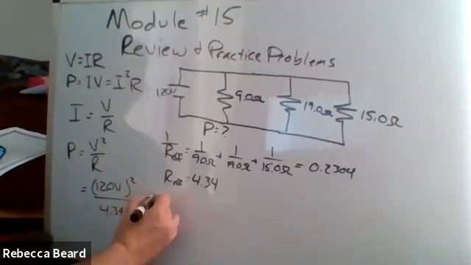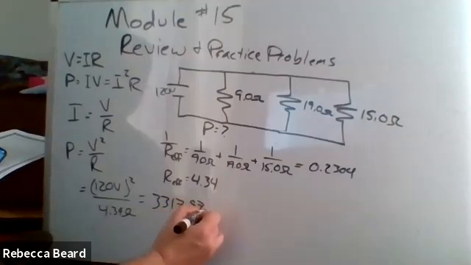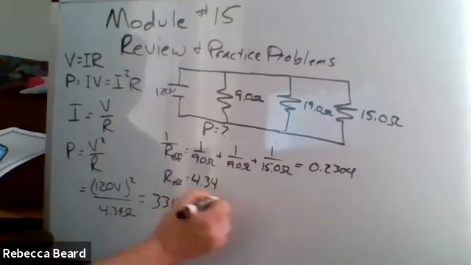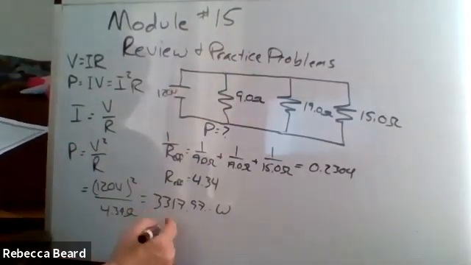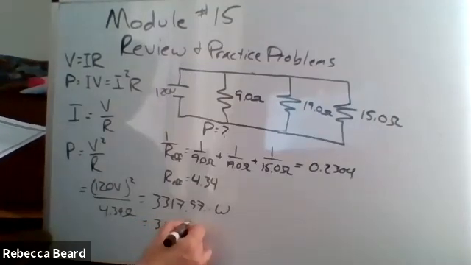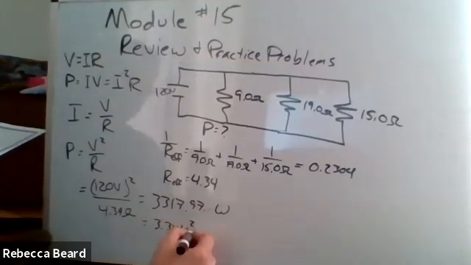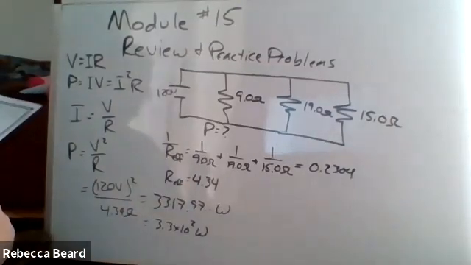That's going to give me 3317.97 watts. For significant figures, let's assume we're going with 2 here. So that should be 3.3 times 10 to the third watts. What do they get for problem 8?